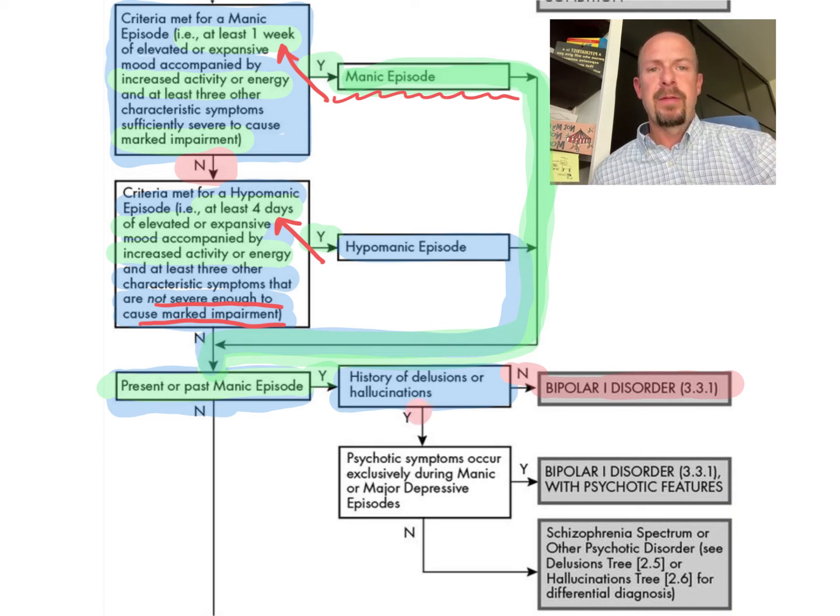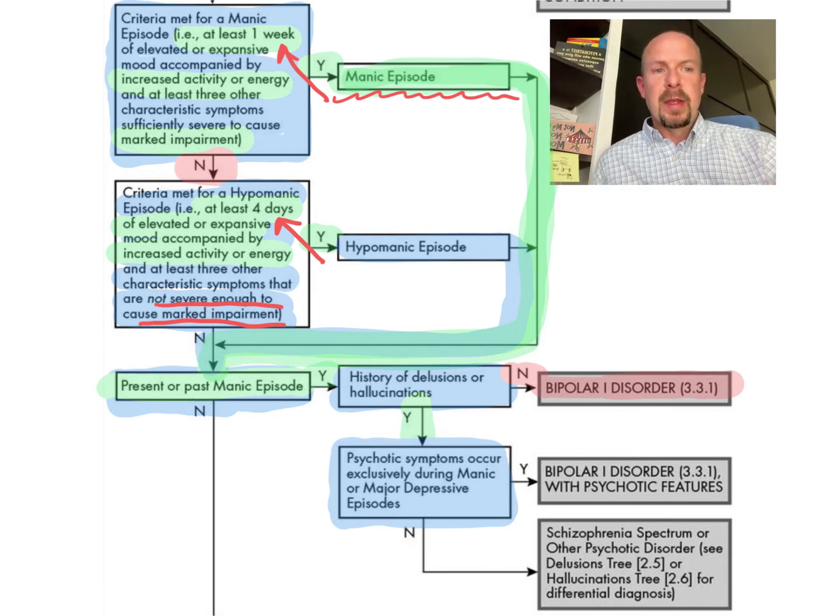If, though, they have a history of delusions or hallucinations, and we say yes, we follow the map by asking, did these psychotic symptoms occur exclusively during a manic or major depressive episode? That's the key phrase. If it occurred exclusively, we move over here and it would be bipolar 1 disorder with psychotic features, meaning the delusions and hallucinations occurred specifically during those episodes.